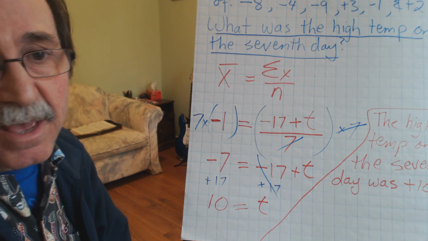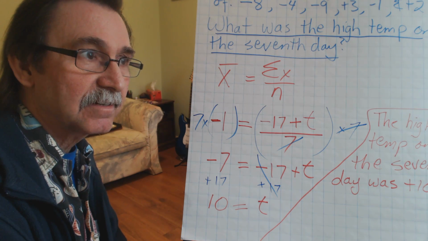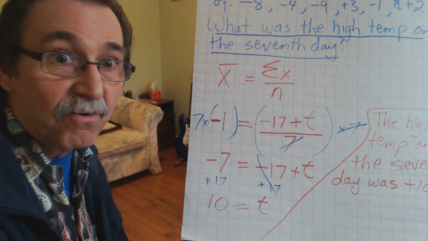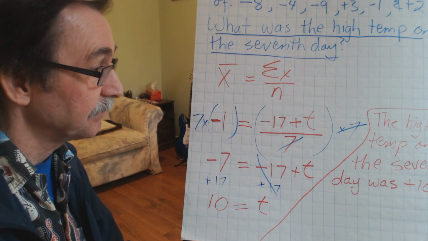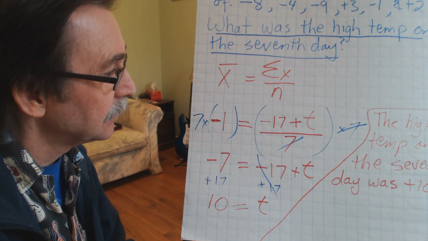Okay, if you just say 10, that's fine. And in the seasonal change, if somebody says it's 10, we don't even know if it's plus or minus 10. So that's the only reason why I put in the positive sign there.